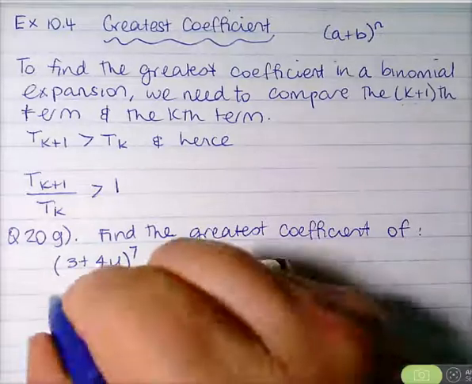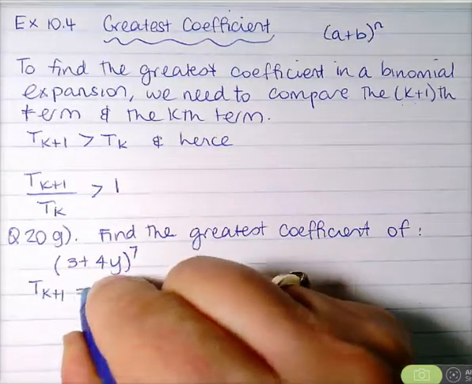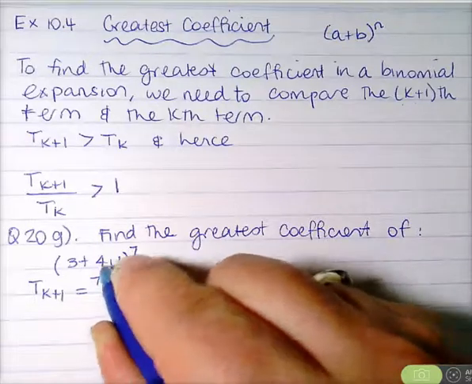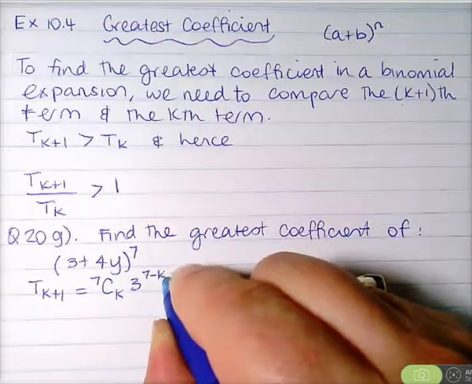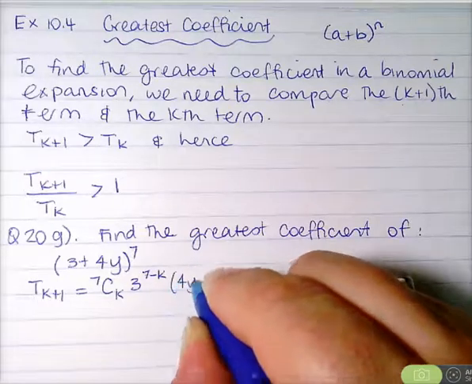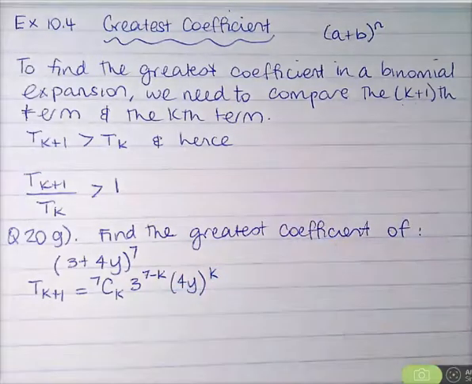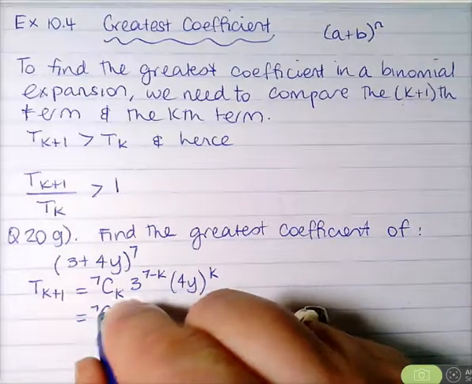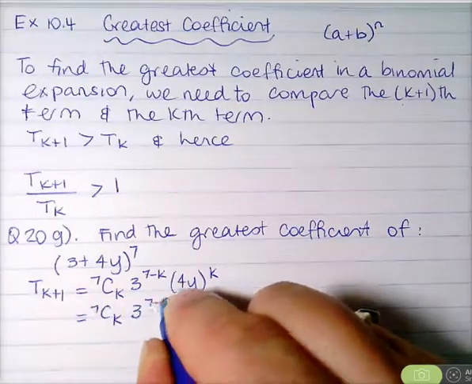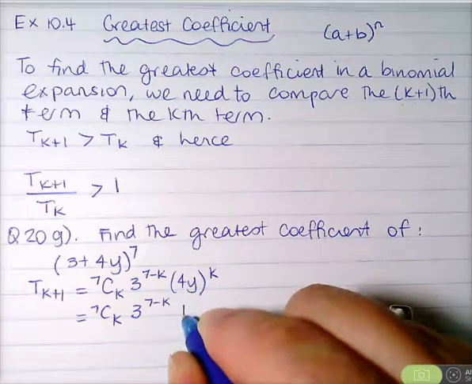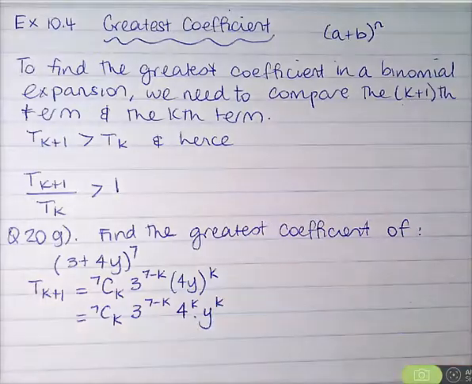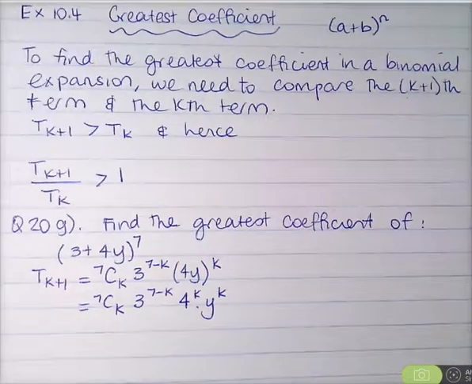The k plus 1th term, so t sub k plus 1, is 7Ck times 3 to the power of 7 minus k times (4y) to the power of k. Simplifying this, we've got 7Ck, 3 to the power of 7 minus k, and just breaking this up, 4 to the power of k times y to the power of k. So that's the k plus 1th term.